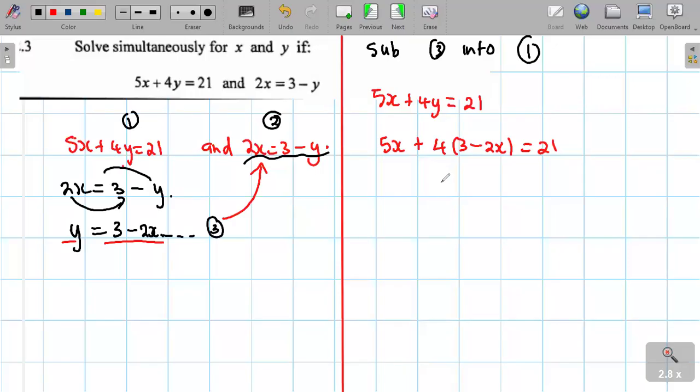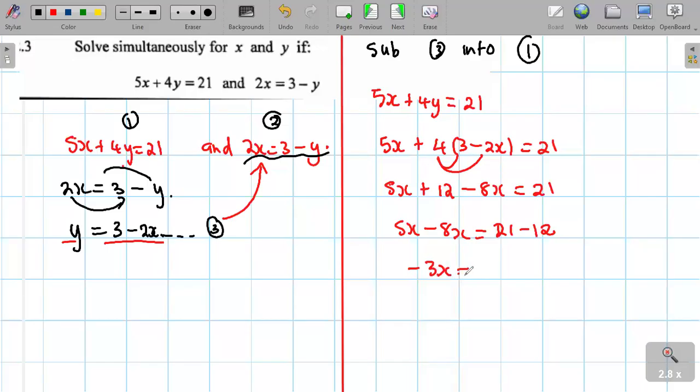Please, from here, just keep it simple. I'm going to have 5x plus 4 times 3, that will give us 12, and 4 times negative 2x, that will give us negative 8x, equals 21. Can we please regroup like terms? I'm going to have 5x minus 8x equals 21 minus 12. 5 minus 8 will give us negative 3x. 21 minus 12 will give us 9.